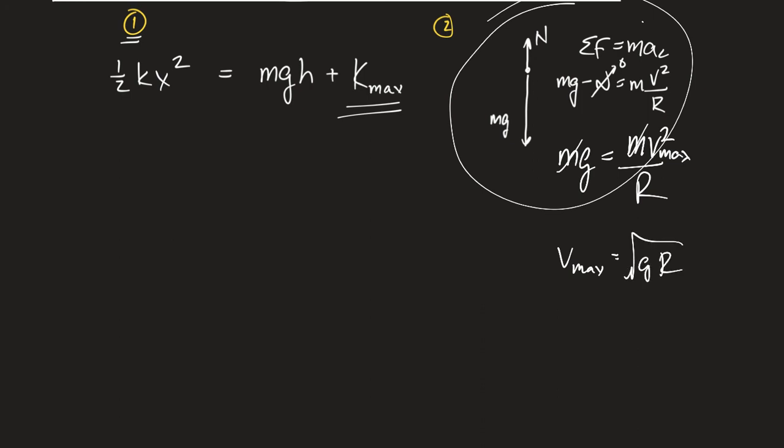What does that mean now? All right. The height is still whatever it was, 1.2. But now I've got this K max, which is 1/2 m v max squared.